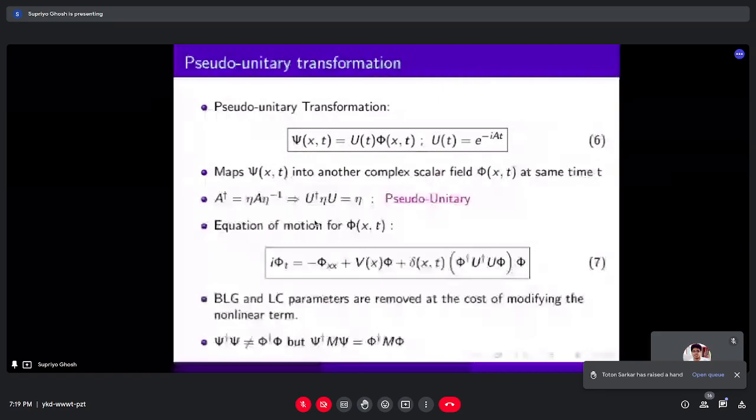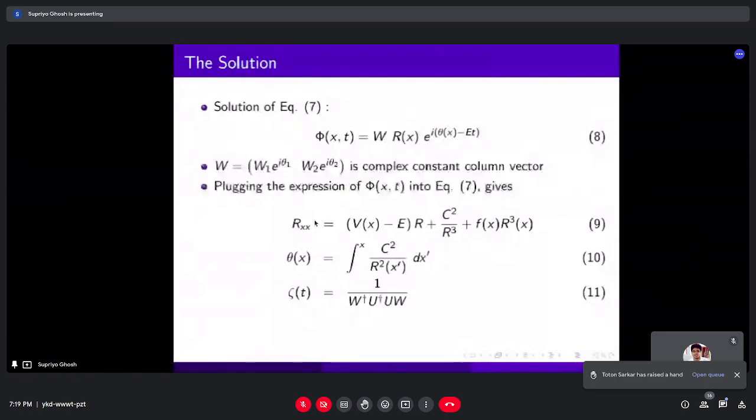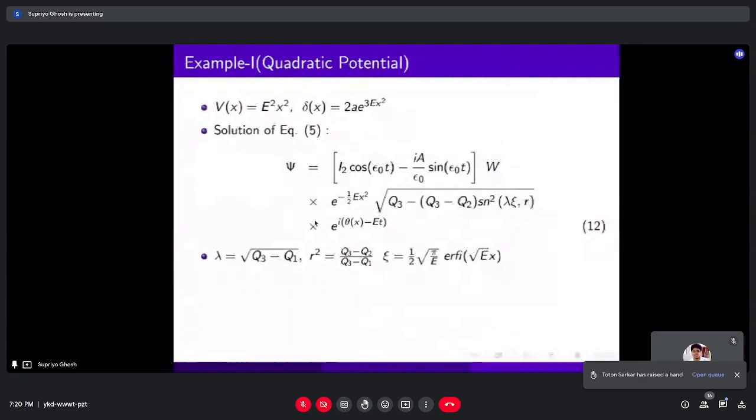For a given potential, we can solve equation 9, and then from this solution we can get the solution of our original balanced loss-gain equation. Here we have presented one example, the quadratic potential, and the explicit expression of ψ is given in equation 12. And this is the graphical representation of the solution.